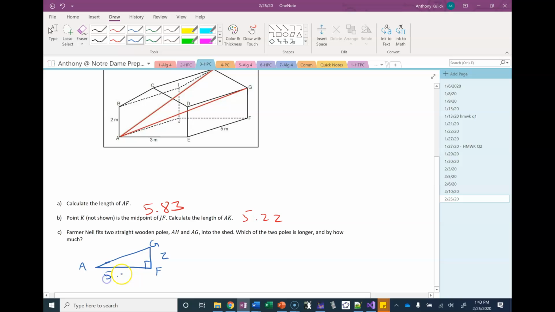Well, we did it already. It's 5.83. So I can calculate AG then just using the Pythagorean theorem. And I get 616. We happy there?